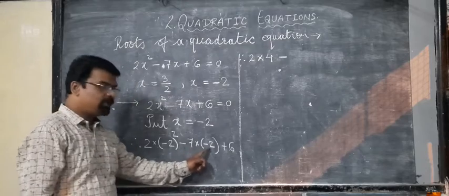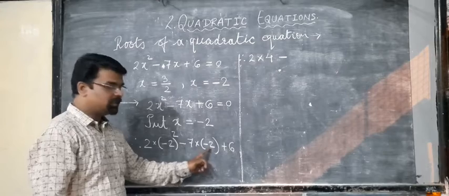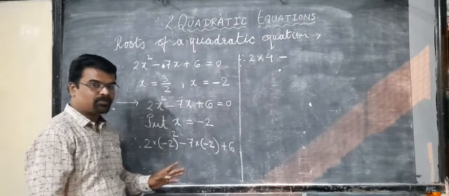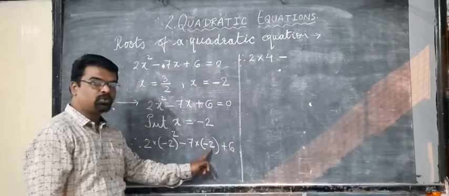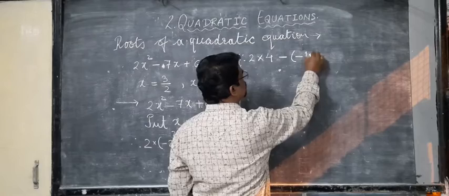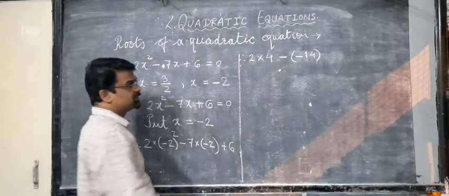Now 7 into minus 2. Here I have written this negative sign as it is. Now 7 into minus 2 is minus 14. So it should be written in bracket minus 14 plus 6.